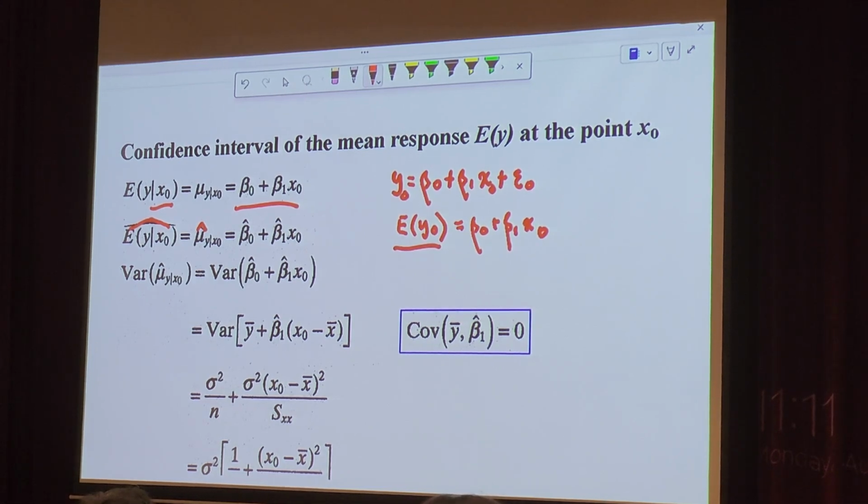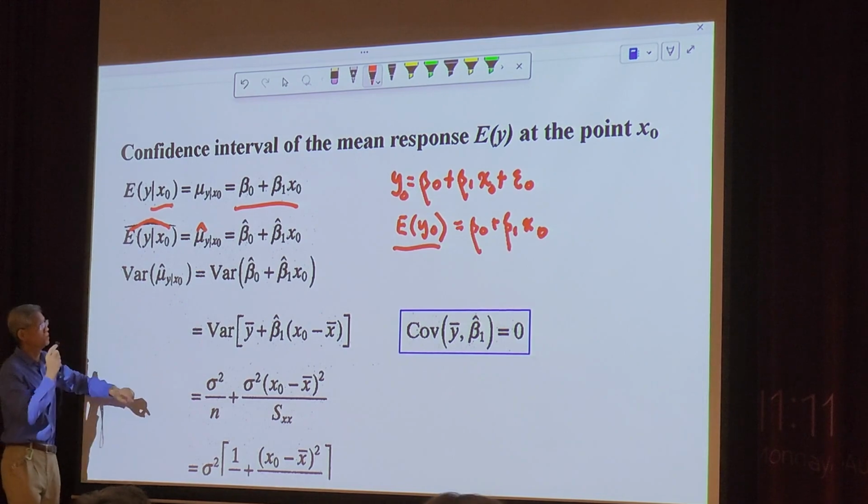So you see, if I want to construct a confidence interval for this, I must know the estimator, I must know the variance, and I must know the distribution. That's what I'm looking at. So the next step is for me to find the variance.